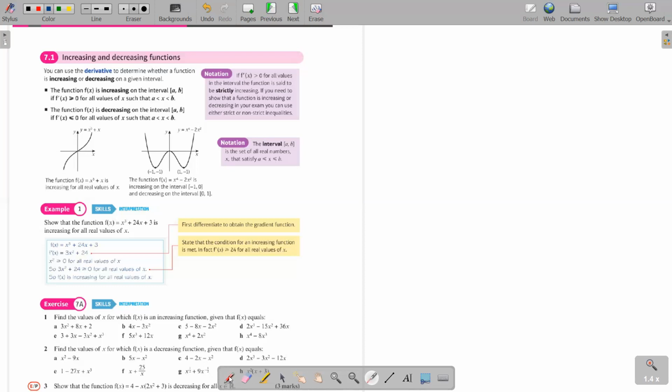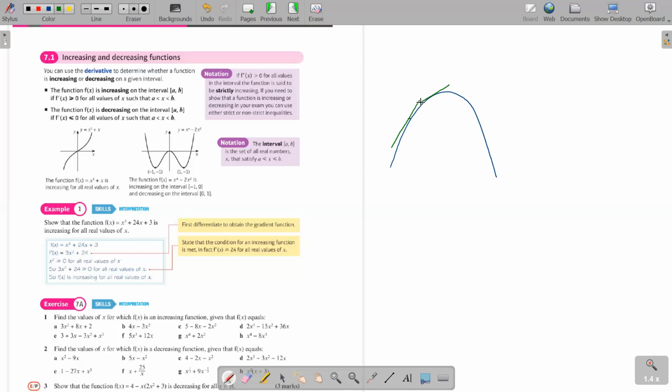A positive gradient means the straight line slopes upward, which means your graph is moving up. If you have a negative gradient at any point on the graph, that means the graph is moving down. Just to show you, in this quadratic graph, if I draw tangents on this side, these tangents have positive gradients.